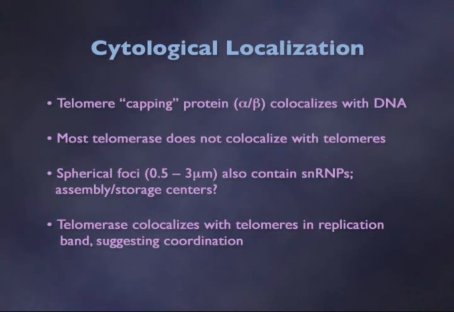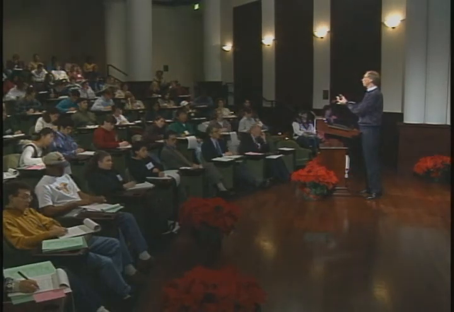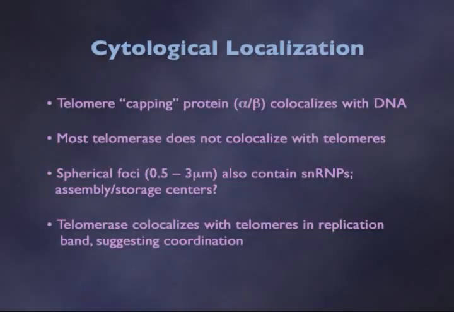Finally, we find that telomerase does co-localize with the telomeres at the site of active replication. And to the extent that two things being together implicates their acting in a coordinated way, which again has to be tested, we can at this point only say that we can suggest, rather than that we've really proven, that the replication of the chromosome end is perhaps coordinated with the replication of the middle parts of the chromosome.